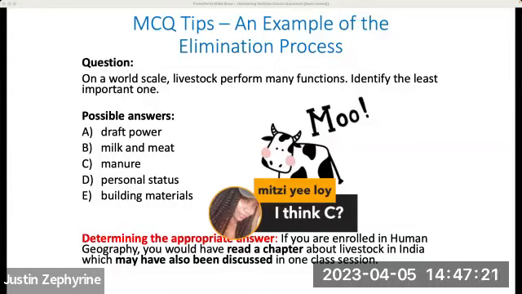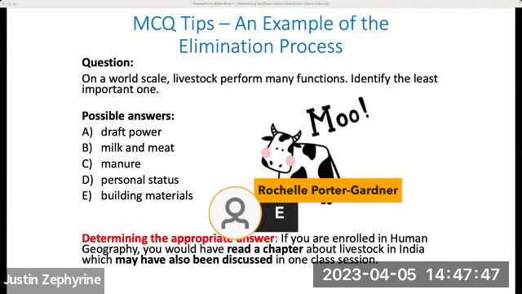Or maybe milk for produce, that will be the most important one. Aside from India, of course, because they view them as holy. But with respect to the question, the least important one will be D, it should be manual. Yeah, so that's my guess. Okay, all right. So you're trying to make an educated guess.